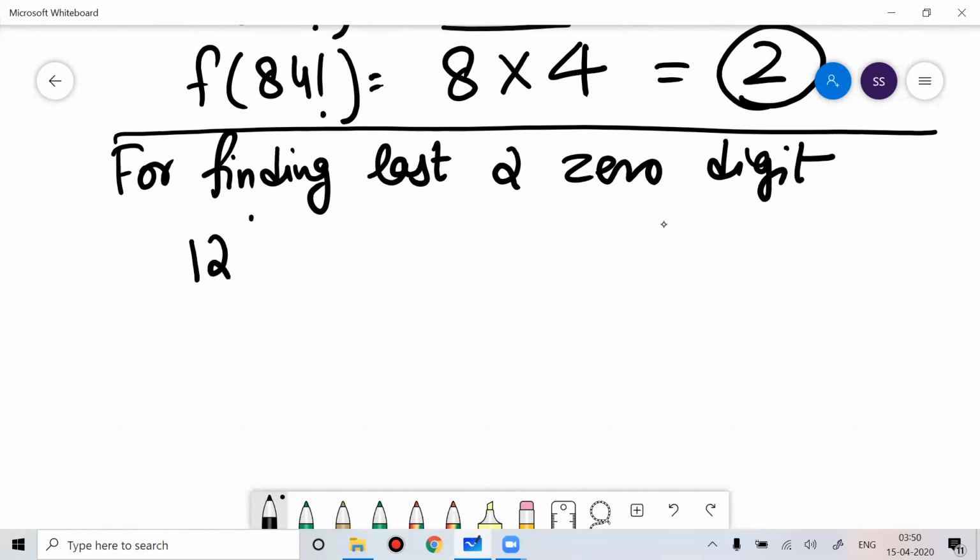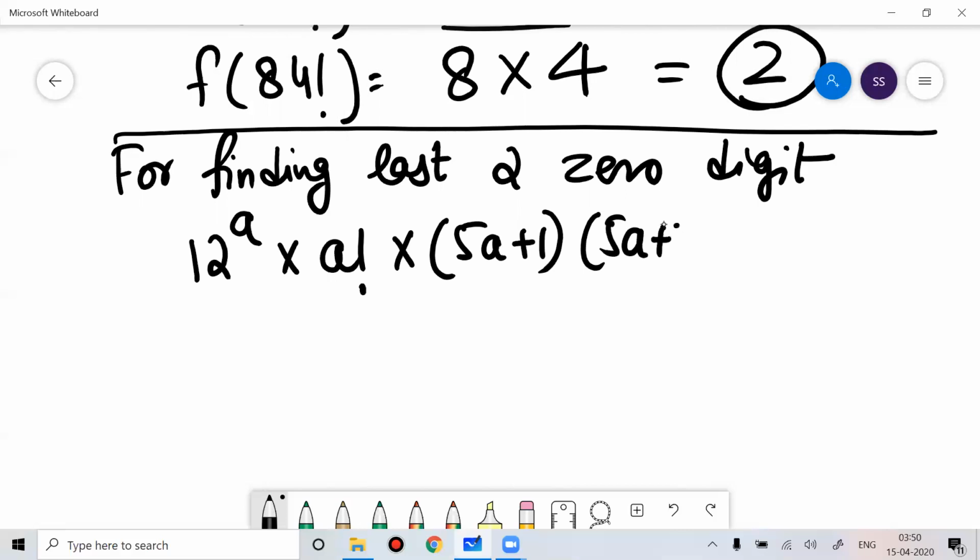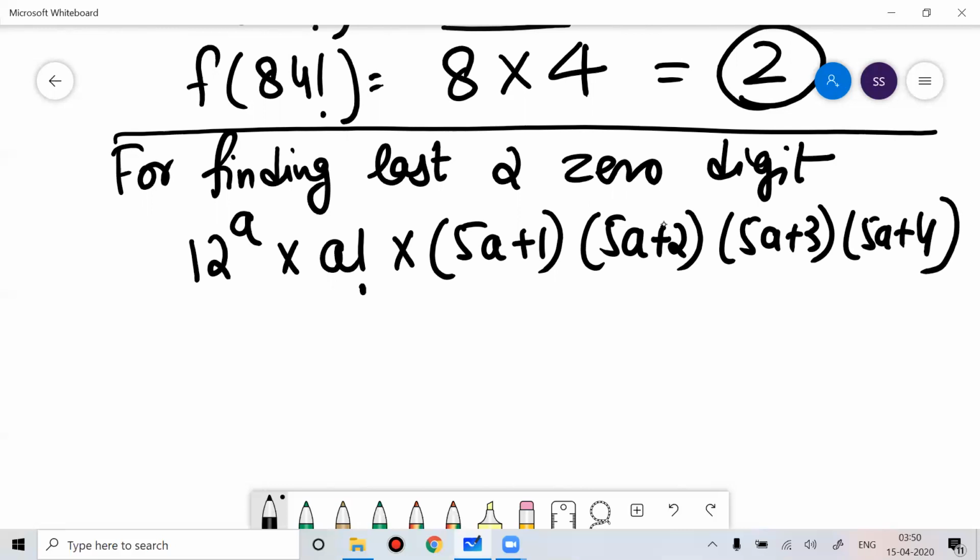The formula is 12 to the power a into a factorial into (5a plus 1) into (5a plus 2) into (5a plus 3) into (5a plus 4), because any number if you divide by 5, the maximum remainder you can get is 4 only.